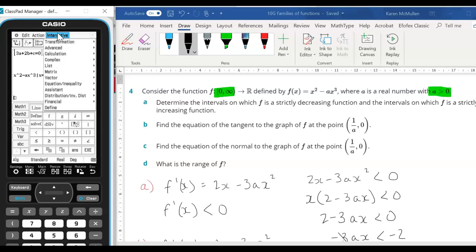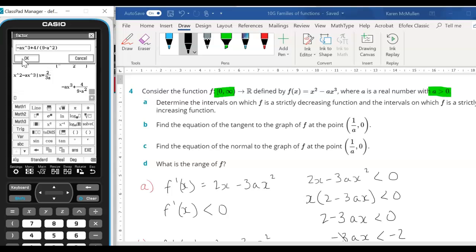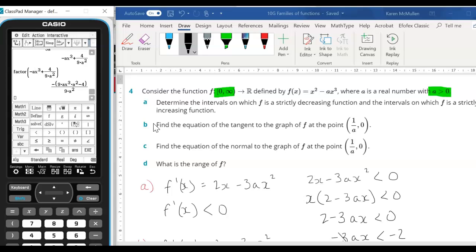Let's see if we can factorize it. I probably should have highlighted it first. Just give me a sec. No, it's not much nicer.